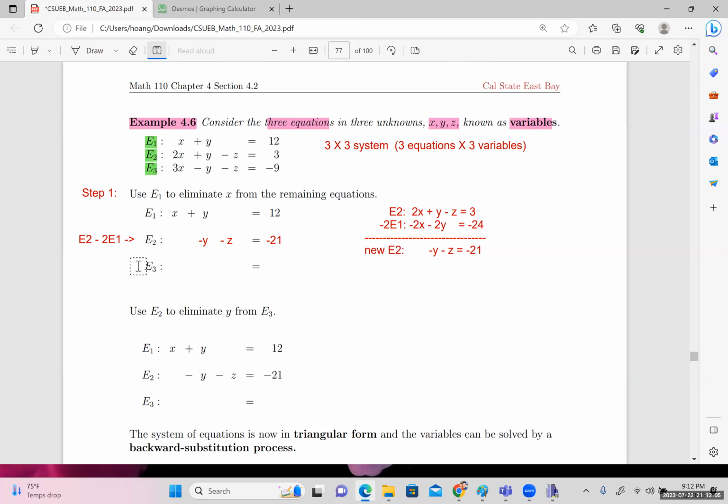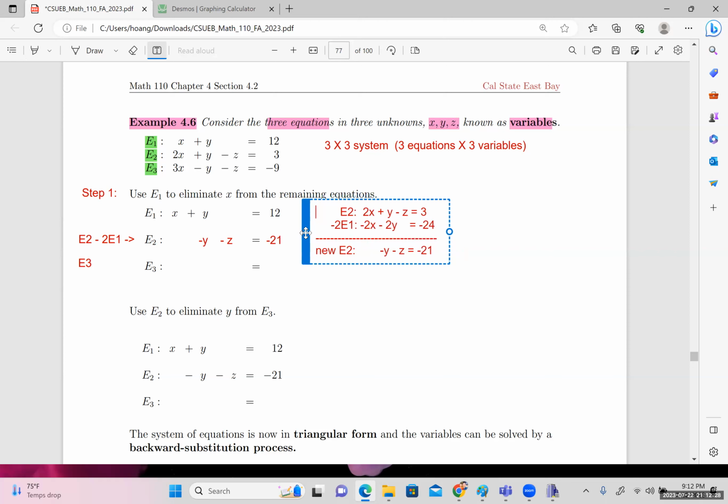Now we want to change equation 3. Put our equation 3 here. You want to change equation 3. You need to add something multiplied by equation 1, right? So as you see over there, I'm gonna move this one here so I can have more space. All right.